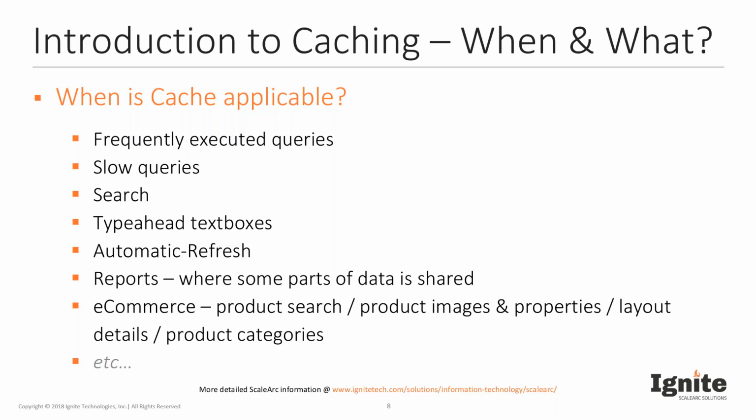And there are many more situations when you can cache some data, and this is very domain specific to your application and to the nature of your queries. Some can be cached, some cannot be cached, some can be cached for a very short period of time, just to allow other users to leverage the same result set, and some might be cached for a longer period of time because the data is not changing as frequently.